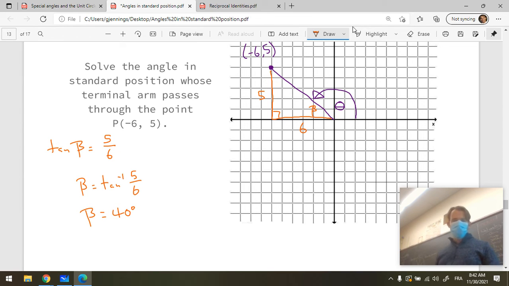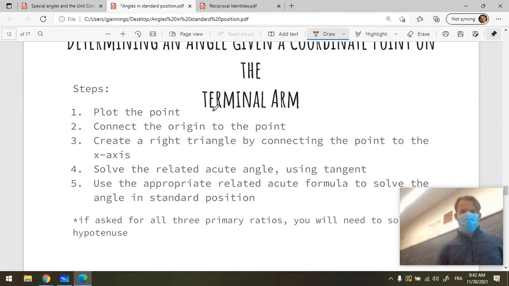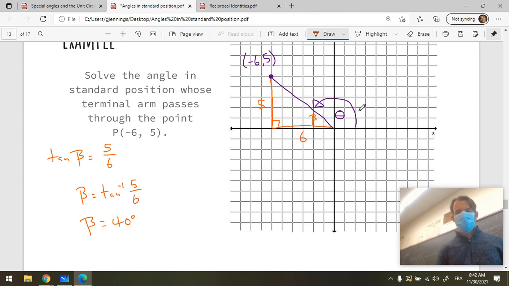Cool. So now that we know 40 degrees, we can find theta. So what's theta? The big angle, yeah. And then use the appropriate related acute angle formula to solve the angle in standard position. So here we create our formula by saying 180 minus beta gives us theta.